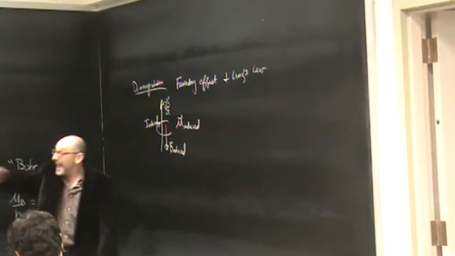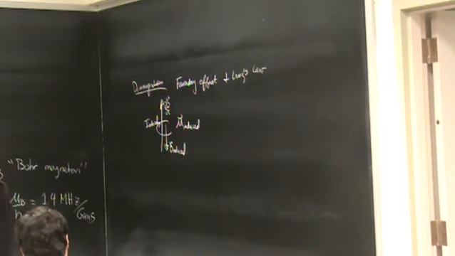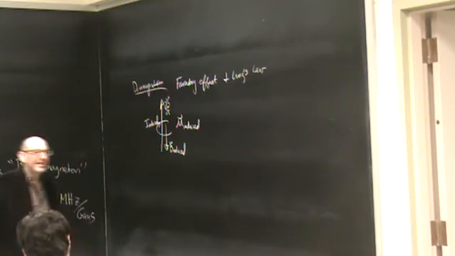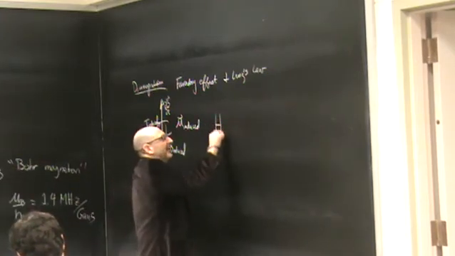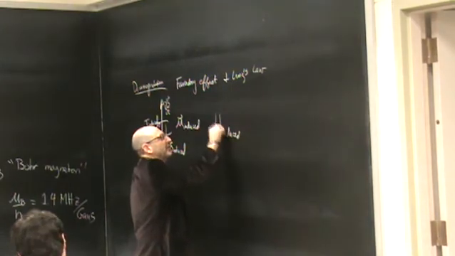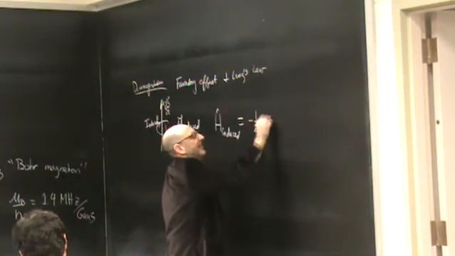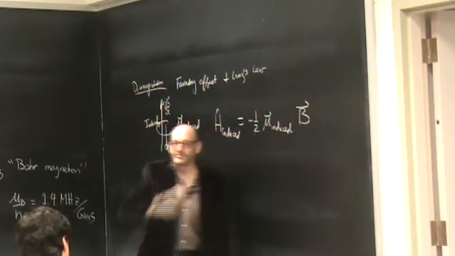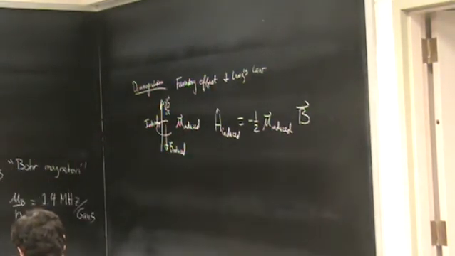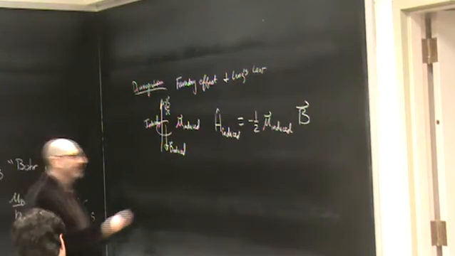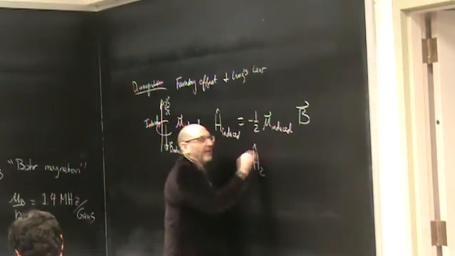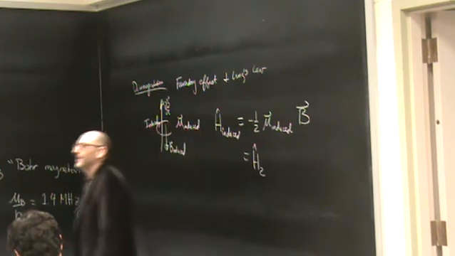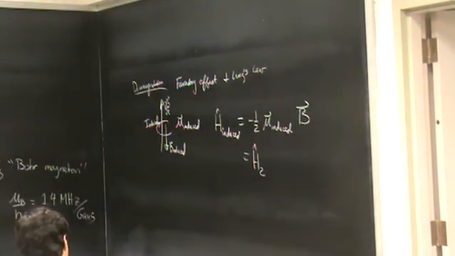It has exactly the opposite effect as paramagnetism. And the Hamiltonian for the induced moment is about this half it. I claim, I'm not going to go through the algebra here, that this is H2. That other term that I didn't write down, that comes from A squared, is the diamagnetic term. It's in the notes.